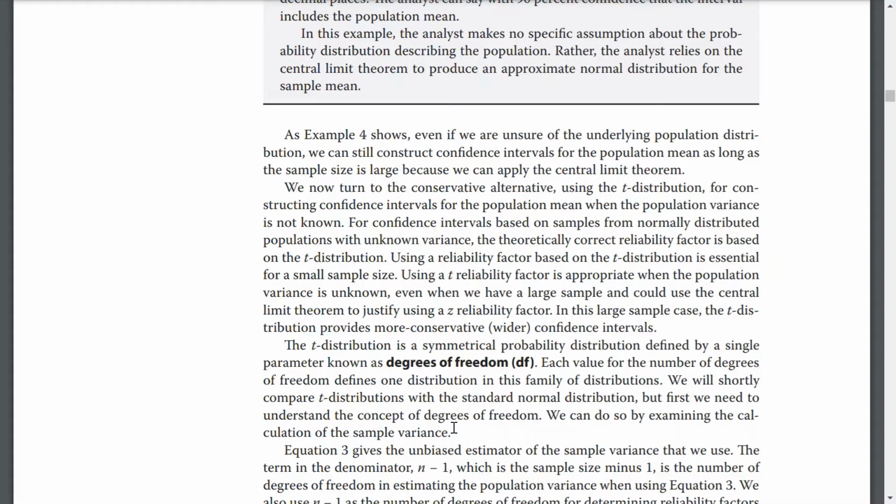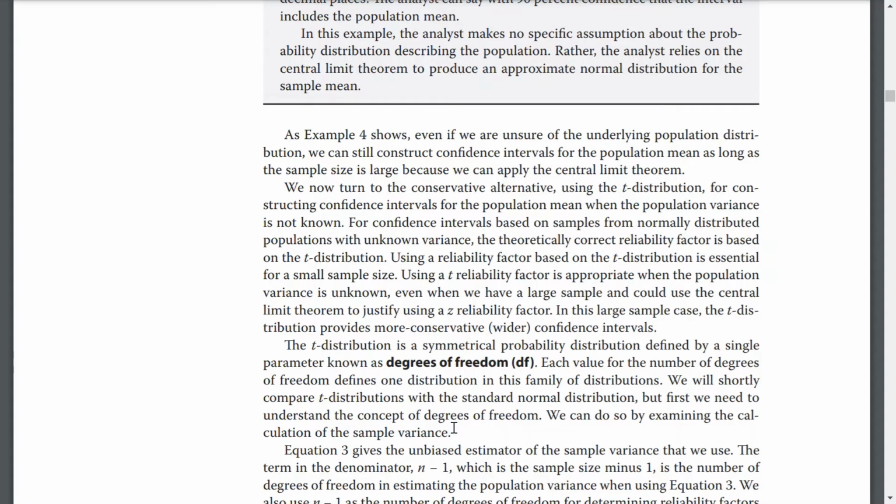Using a reliability factor based on the t distribution is essential for small sample sizes. Using a t reliability factor is appropriate when the population variance is unknown, even when we have a large sample and could use the central limit theorem to justify using a z reliability factor. In this large sample case, the t distribution provides more conservative, wider confidence intervals.